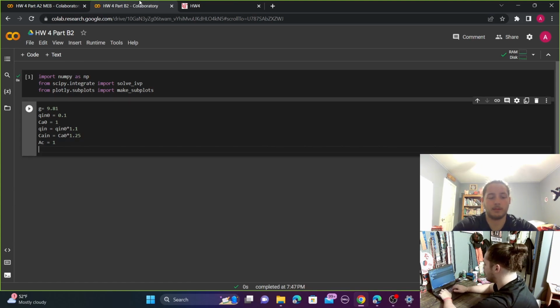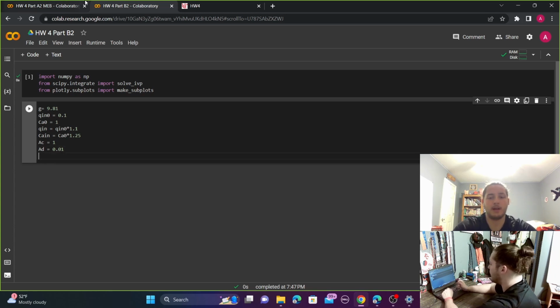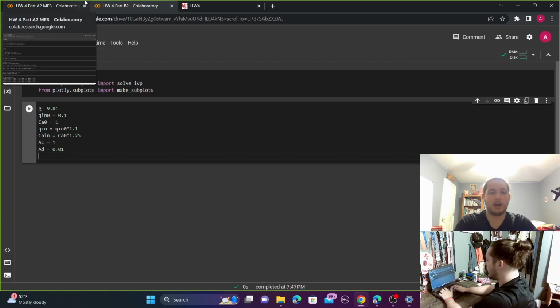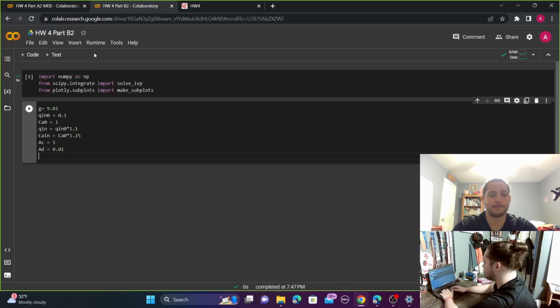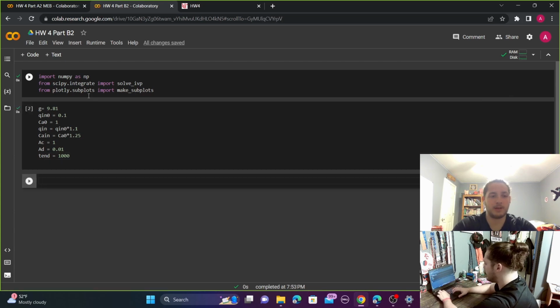And our drainage hole area is 0.01. And we can also input a time for our simulation to end, and we can just make that 1000 for now. Shift enter.